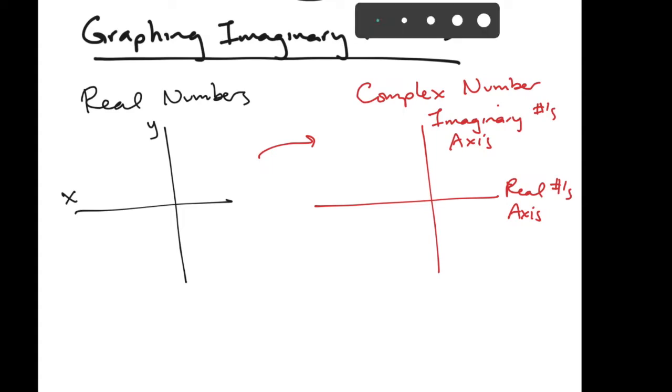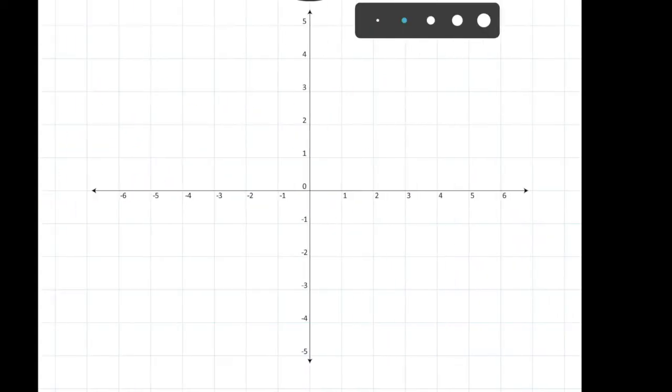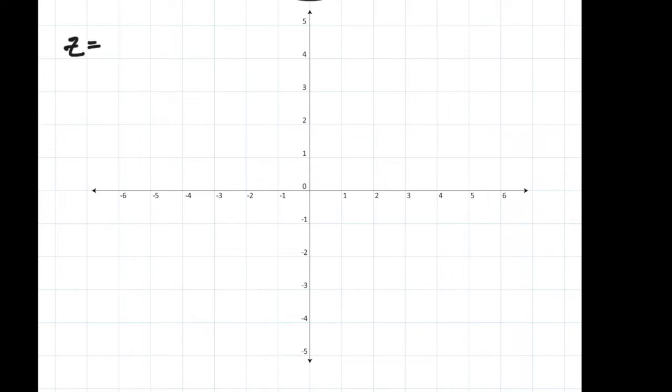So what does that mean? Well, let's graph some, for example. In math for complex numbers, again, we use the letter Z to denote the complex numbers. Let's try 4 plus 3i.